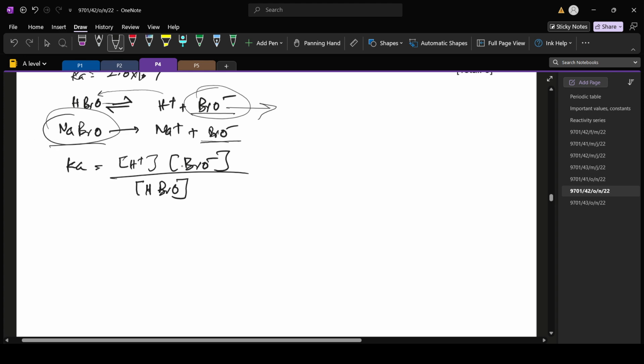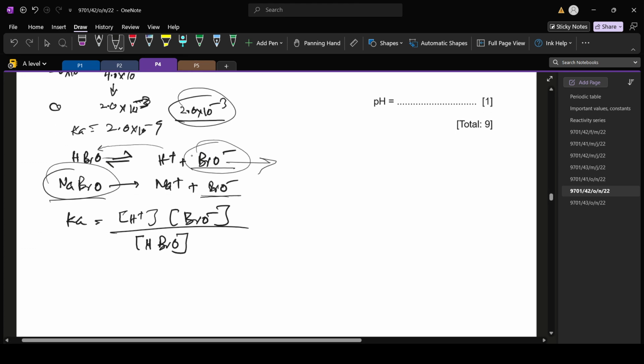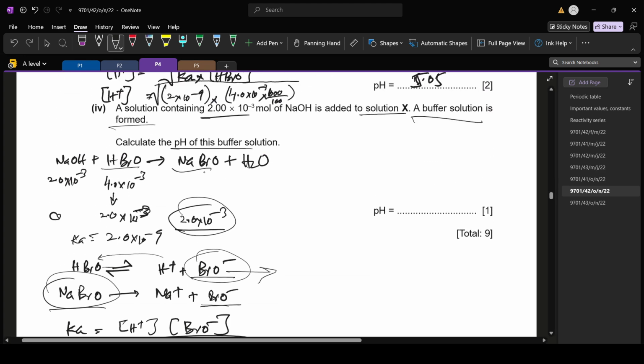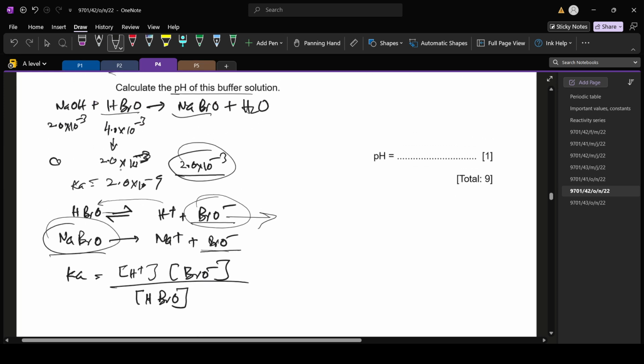So what is the concentration of NaBrO? You are given the moles, 2 into 10 to the power minus 3, in 100 cm cube. But you are not required to convert it, because these all are in 100 cm cube, so you can ignore this.